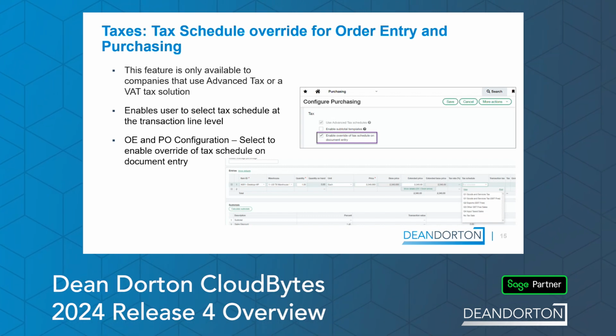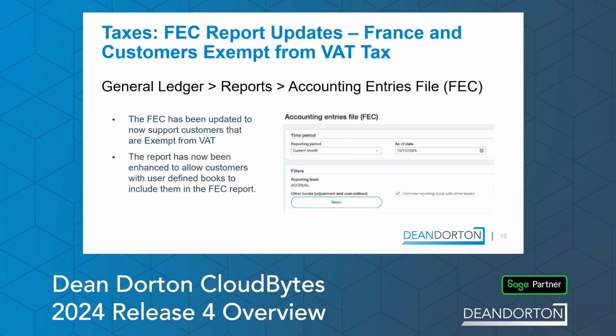And then, as you can see here, there will be a drop-down box with tax schedules that you could then come in on a line-by-line basis and choose a different tax schedule for that line item. A lot of folks may not need that, but that is a really super nice feature to have.